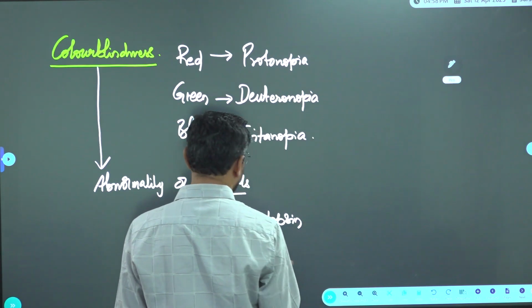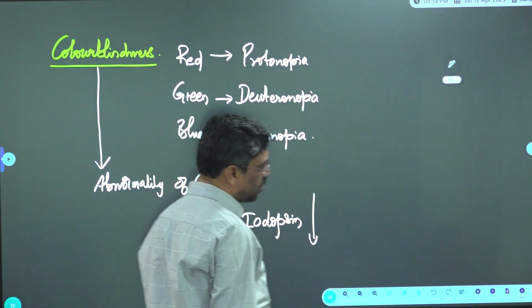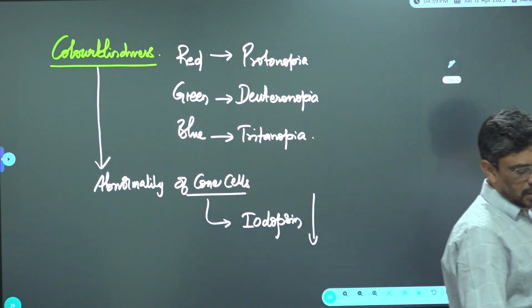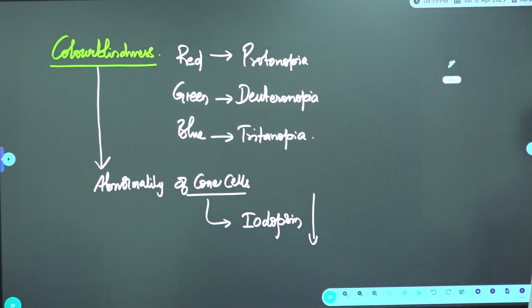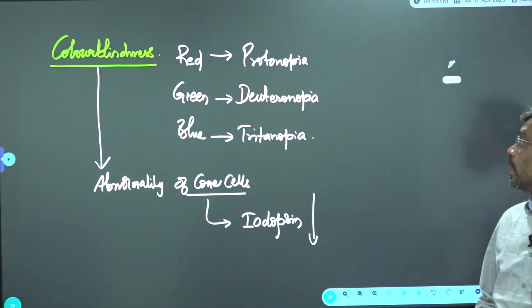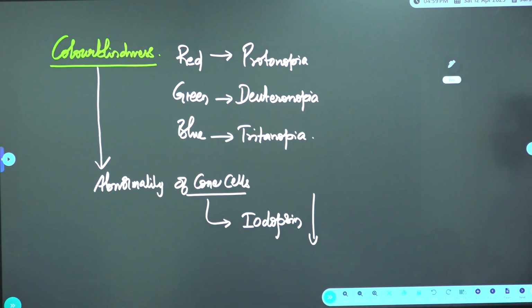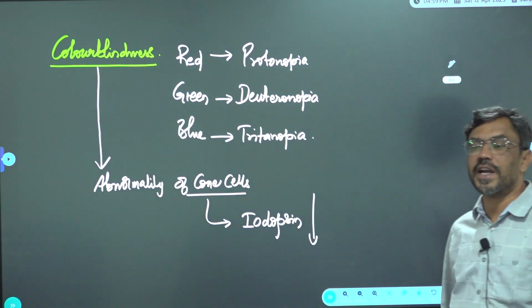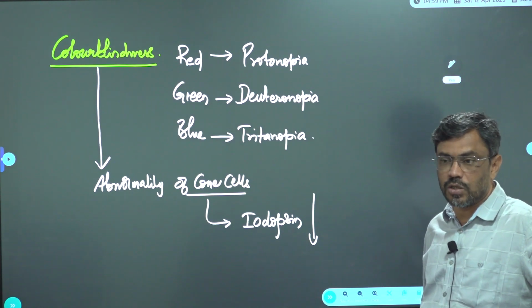So due to abnormality of cone cells, the production of iodopsin decreases. So they are unable to differentiate the primary colors like red, green and blue. The red color blindness is called protanopia, green color blindness is called deuteranopia, and the blue color blindness is called tritanopia. You remember these terminologies, okay?